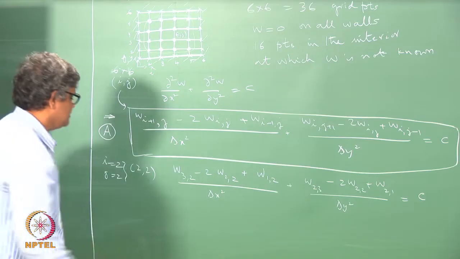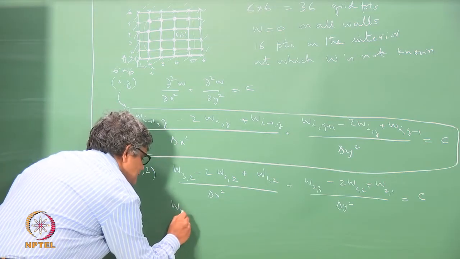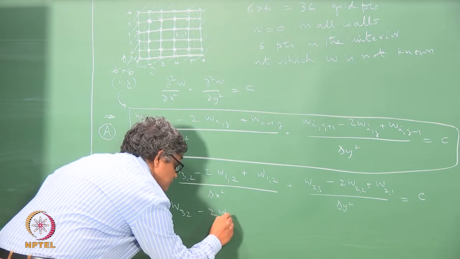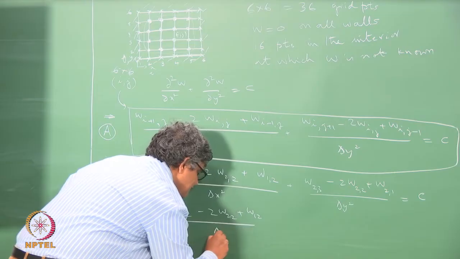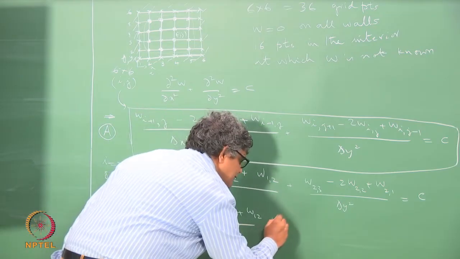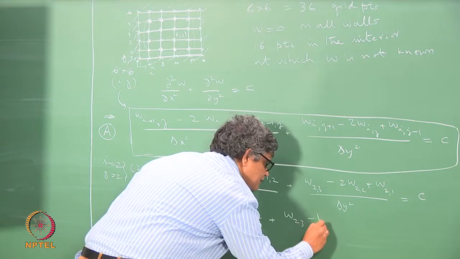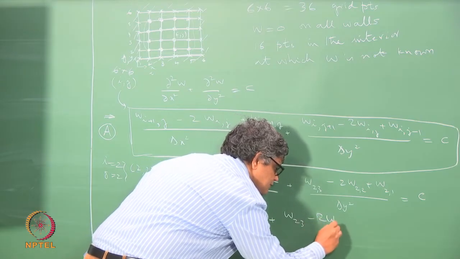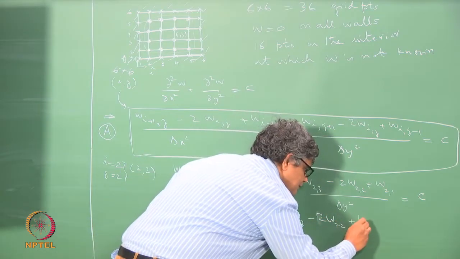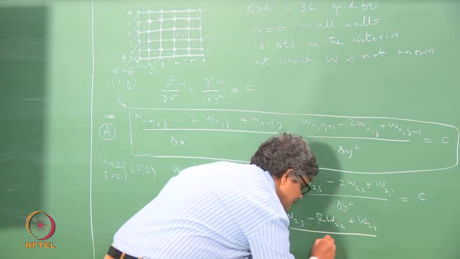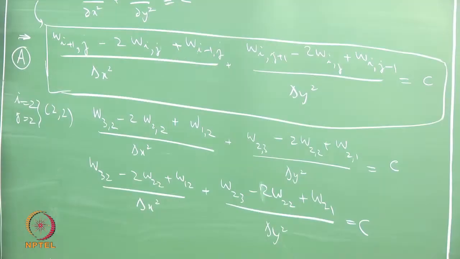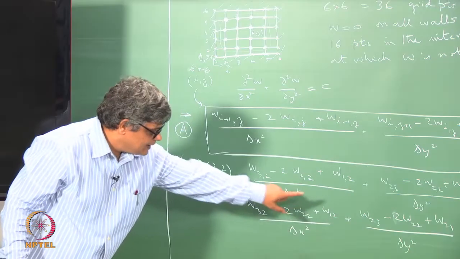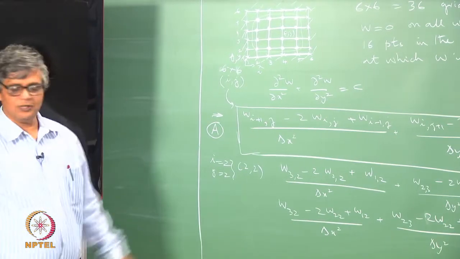So we can just write this as W32 minus 2W22 plus W12 by delta x square plus W23 minus 2W22 plus W21 divided by delta y square equal to C. And we can see that we have got a specific equation with values here.